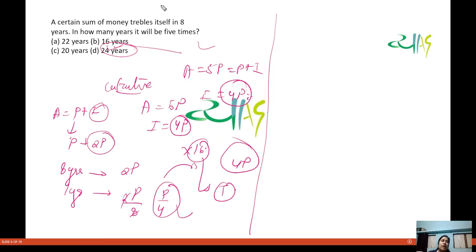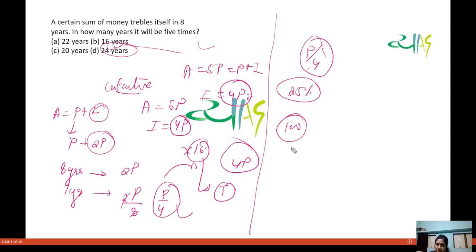Otherwise, you could have tried that formula also. Because we came to know here that if interest is equal to P by 4, that means interest is 25%. Understand this very properly. I took 100 rupees from you, and the next year I gave you 25 rupees as interest, because this is 25%. 1 by 4th, P by 4, that means 25%.